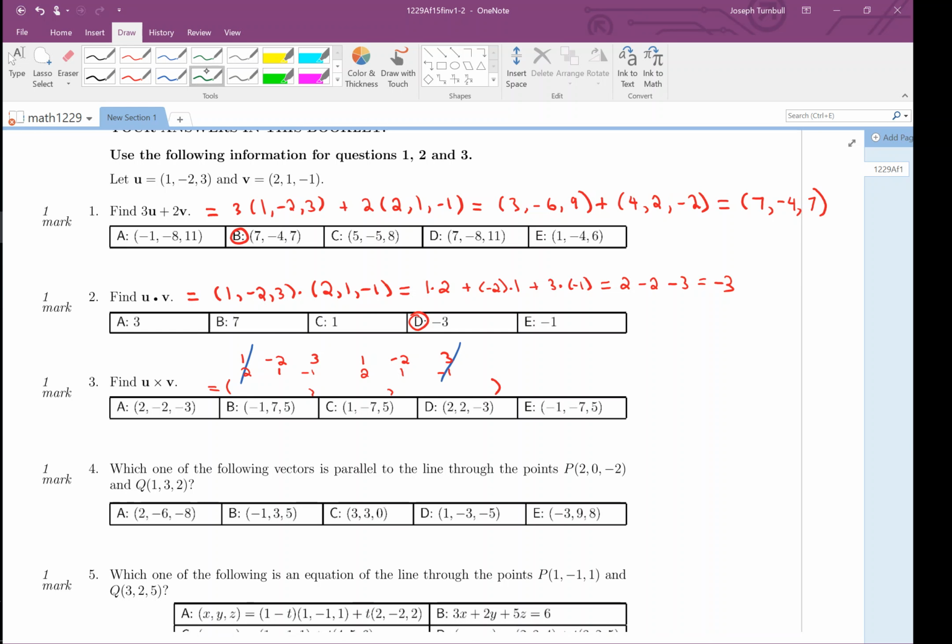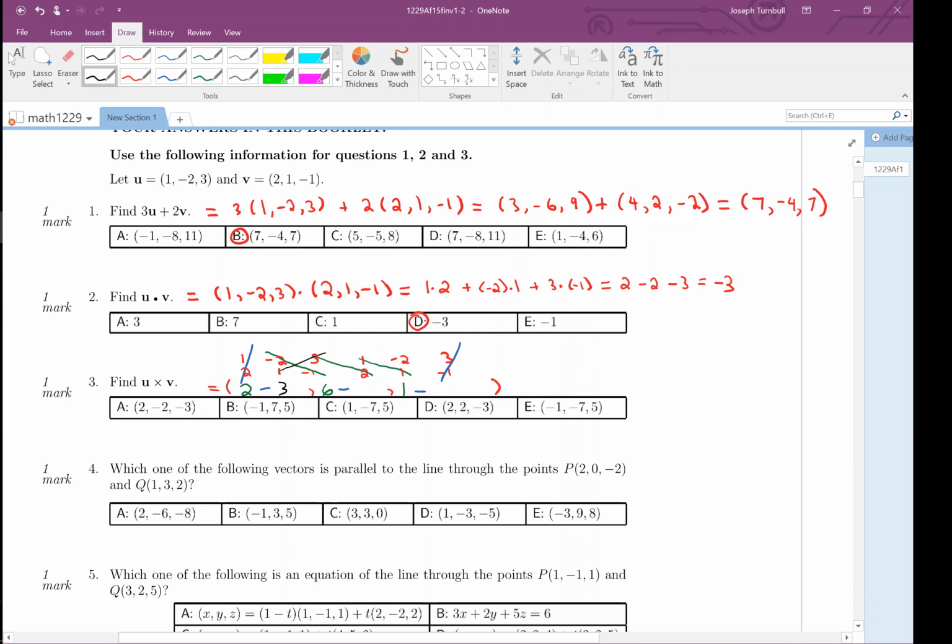So first for the down products, I'll have negative 2 times negative 1, that's positive 2. And the next entry will have 3 times 2, that's 6. And then 1 times 1, 1. And then subtract the up products. So for the first up product, I have 1 times 3, 3.